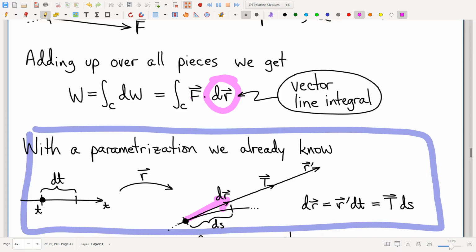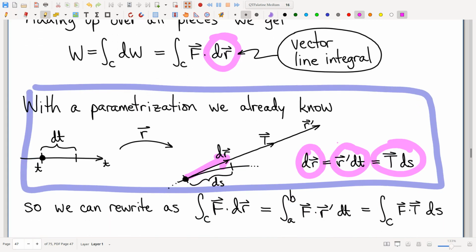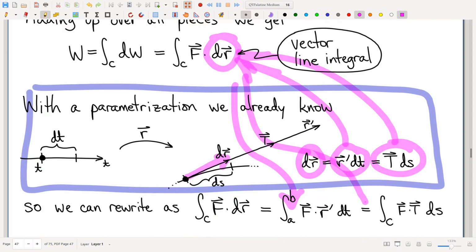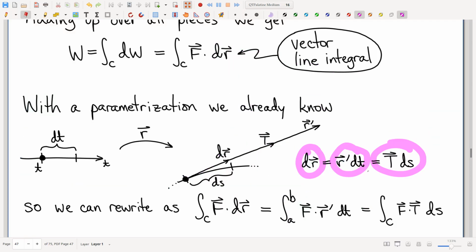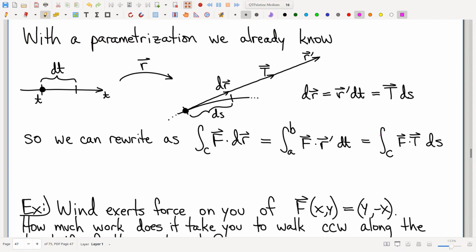It is the dr from Chapter 3, and there are different ways to write it down that we talked through back in Chapter 3. So with that in mind, we can plug that in. You can take these different alternative forms of dr, and they give you these different alternative forms for how to write a vector line integral. They all have their advantages and disadvantages. We will talk later about this one. It has some nice advantages, and we'll get to that.